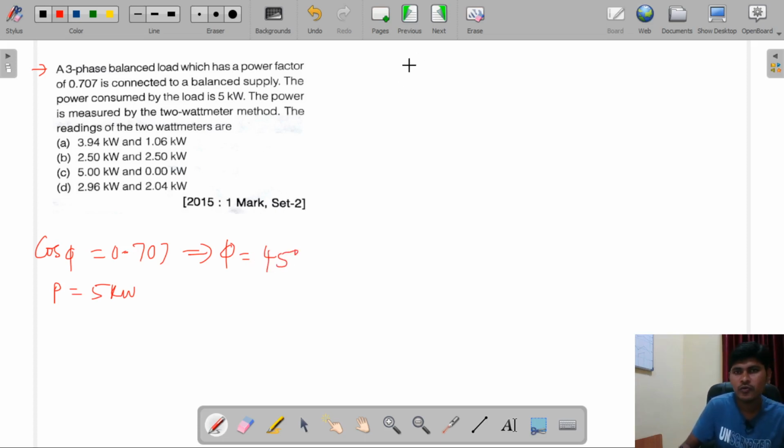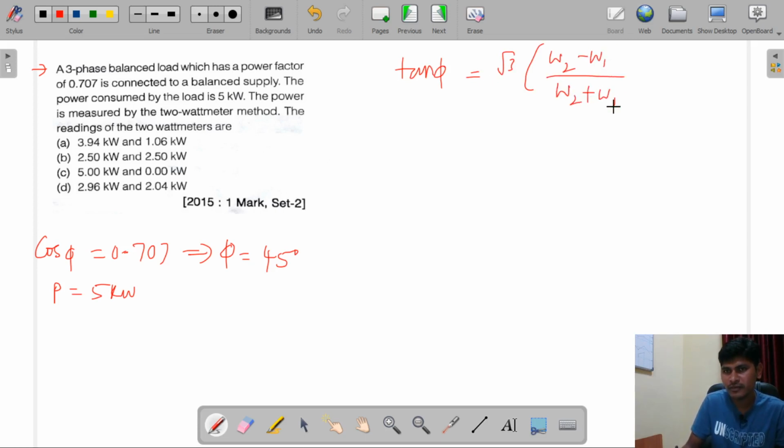Now in case of 2 wattmeters, tan phi is equal to root 3 into (W2 minus W1) by (W2 plus W1). W1 plus W2 is the total power measured by 2 wattmeters, which is the total power consumed by the load.